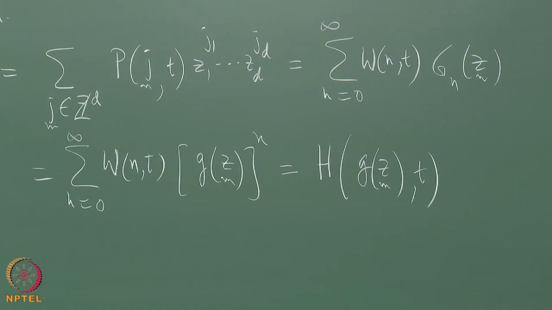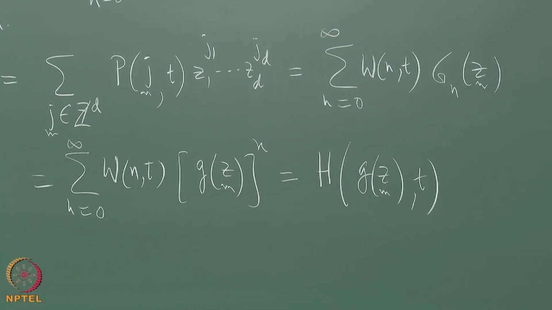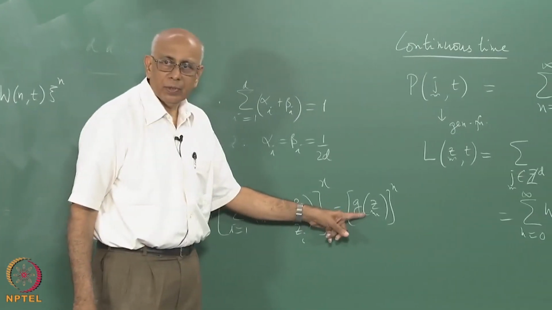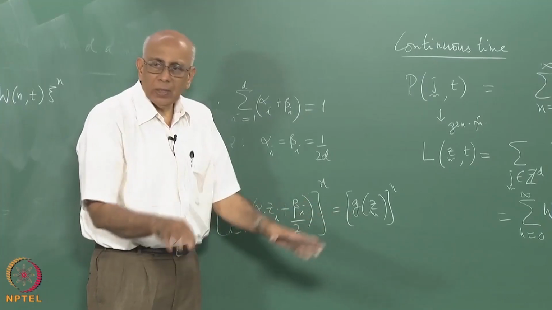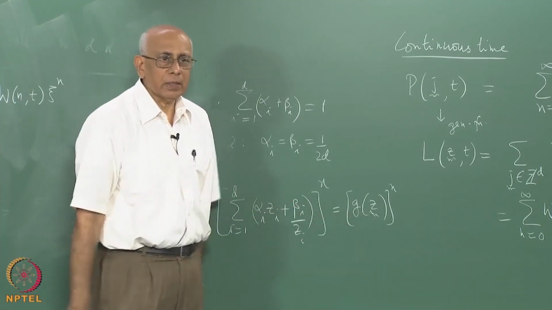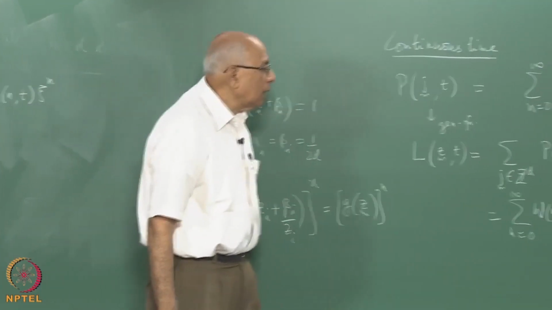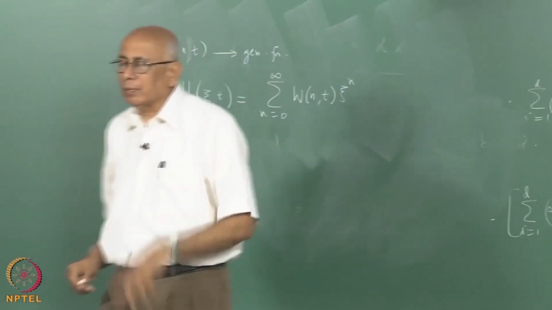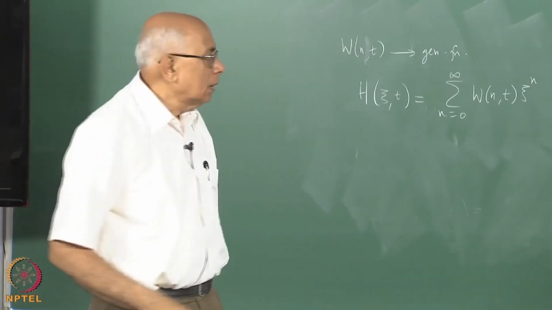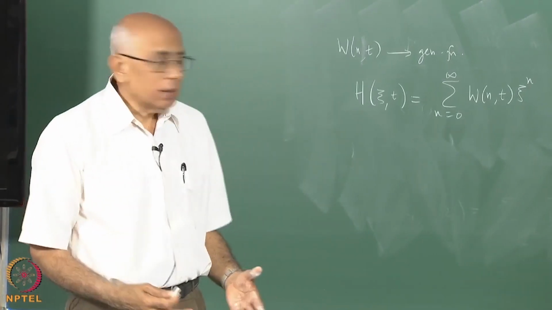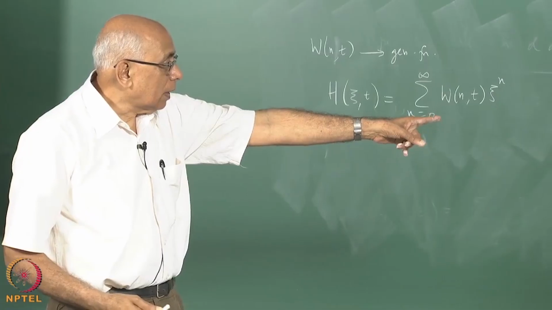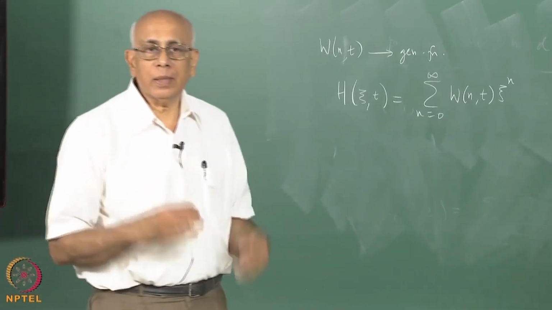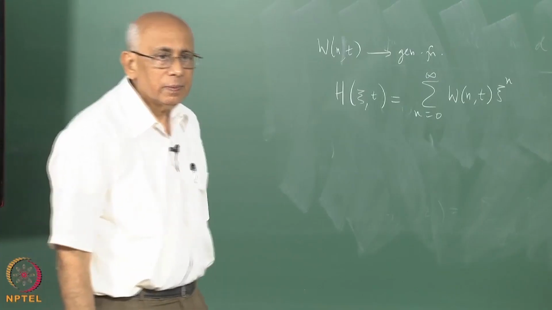So in principle the problem is solved, because if you give me this characteristic function or generating function little g, which depends on the lattice structure, what are the nearest neighbors, etc., and you give me the statistics of this number of jumps in time t, I compute its generating function, and I write that in that expression. That gives me the generating function for p of j comma t, which is what I want to find.